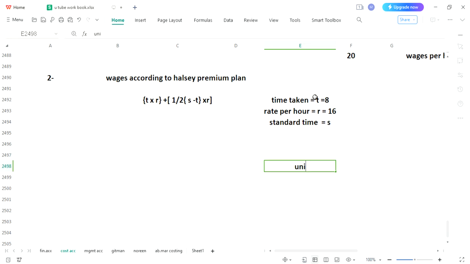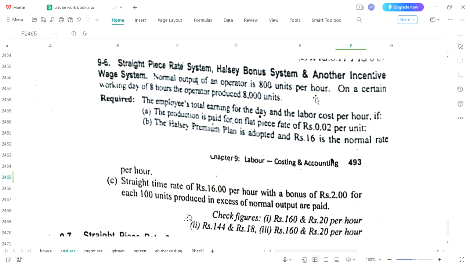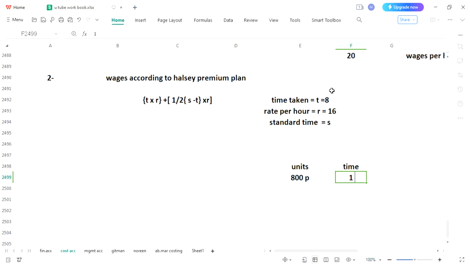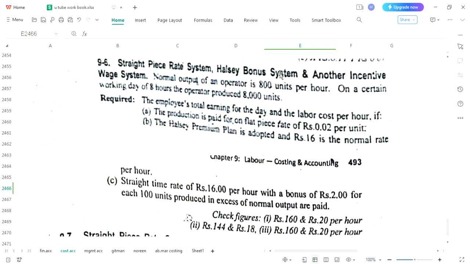So comparison of units and time. 800 pieces are said to be made in how much time? Per hour, in 1 hour. And we need to know how many units he has made? 8,000.